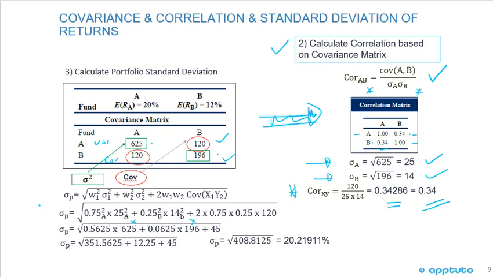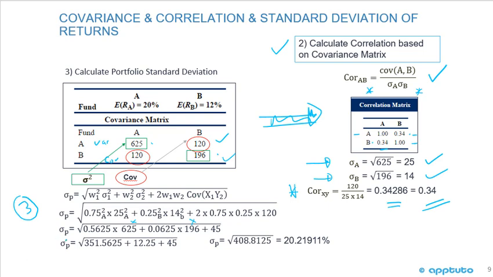Okay? So then the final last thing was to calculate the standard deviation of the portfolio, and there's the formula again, weight 1 squared times variance 1, which we've got, plus weight 2 squared times variance 2, which we've got, plus 2 times weight 1, weight 2 times the covariance. And we've got the covariance. That was the 120.